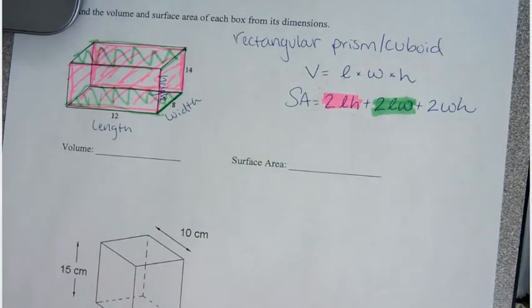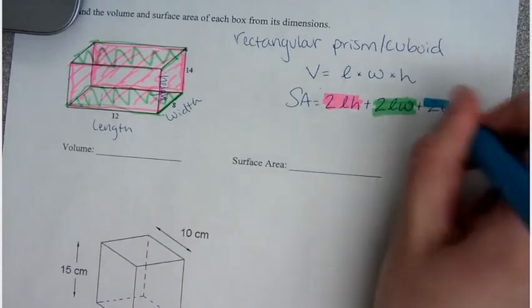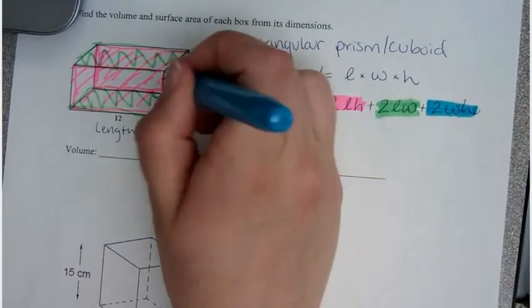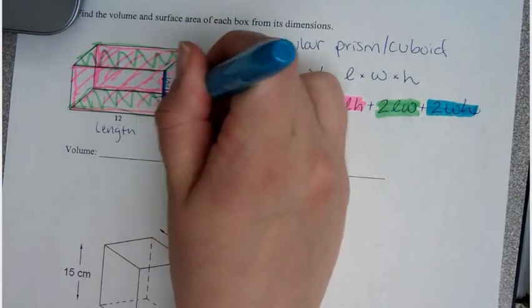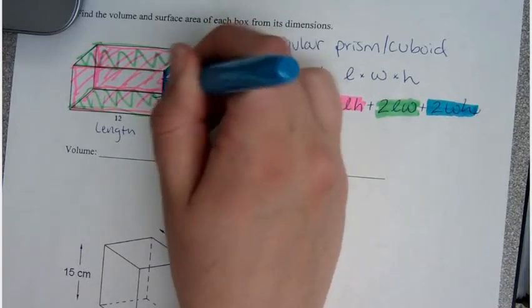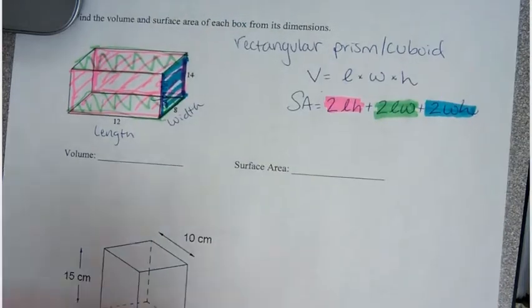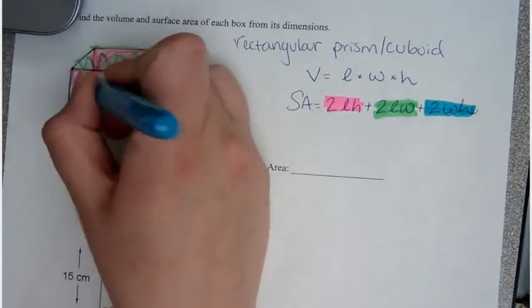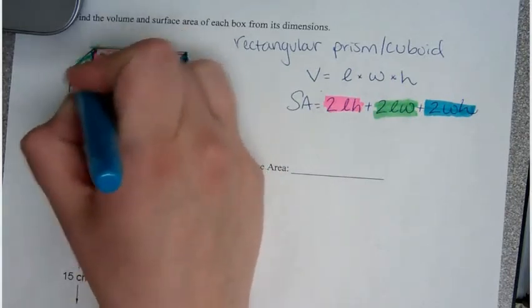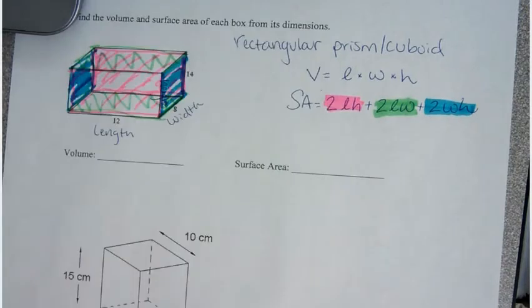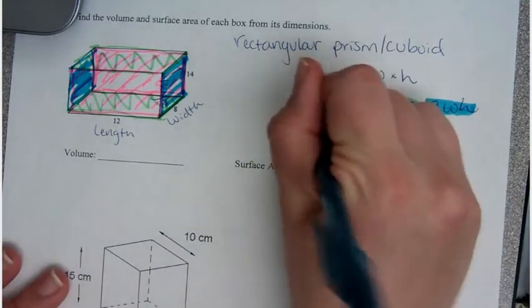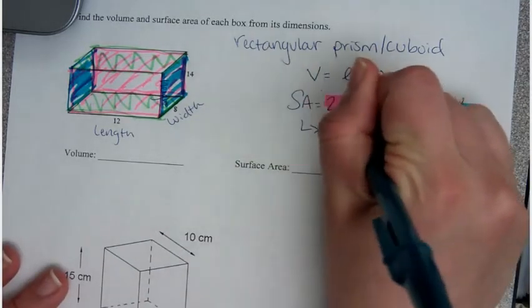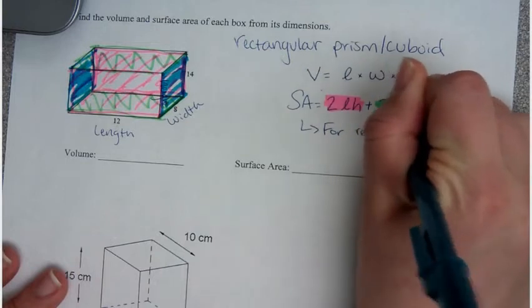And then width and height are going to be our little bases over here. So height, width makes this square right here. And then again, height and width makes this square over here. Okay, and those are the three little sections that we're going to have. And this is specifically for a rectangular prism.